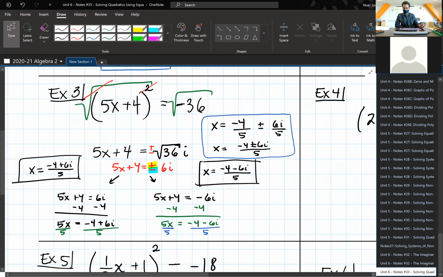All right, any questions on example 3? Yes, there's two answers. Remember, it's supposed to be 2 because we have a power of 2, which indicates the number of solutions we should have.